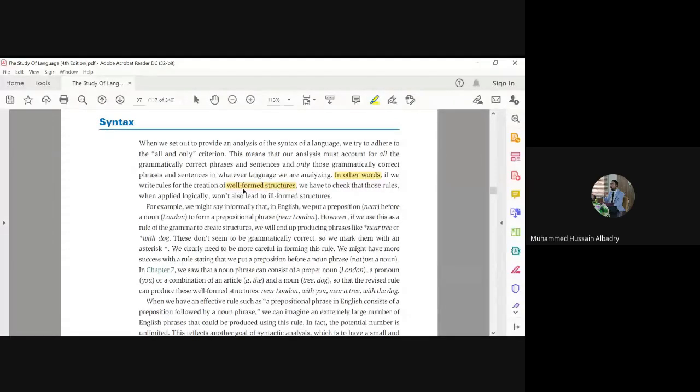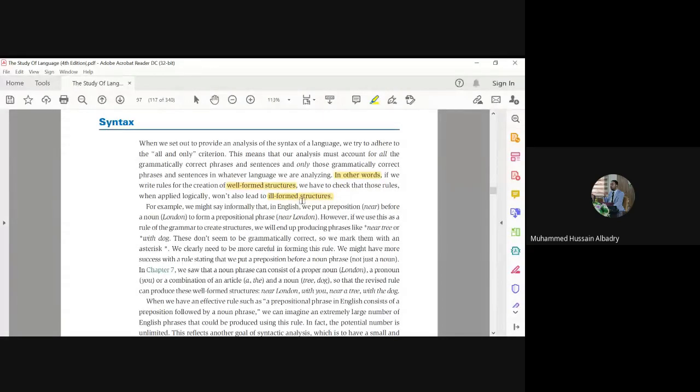If we want to write rules for the creation of well-formed structures, at the same time we have to check that those rules, when applied logically, won't lead to ill-formed structures. Ill-formed structures means ungrammatical structures.